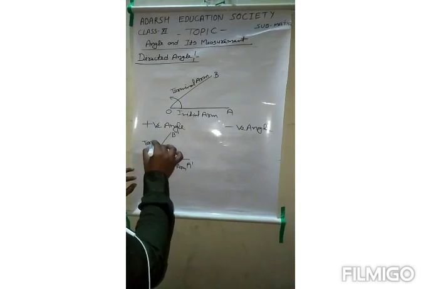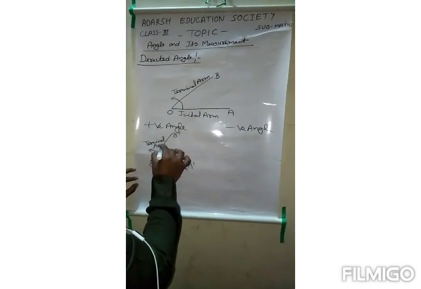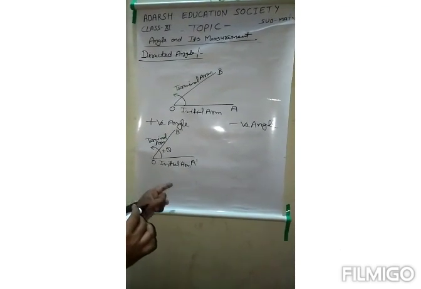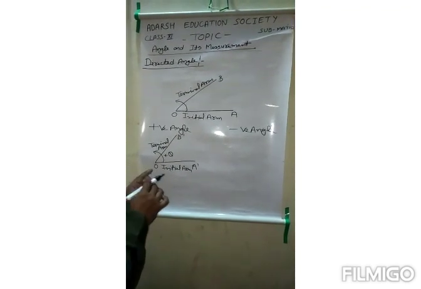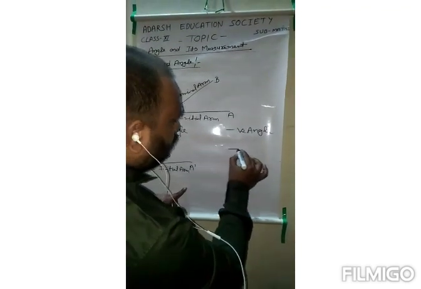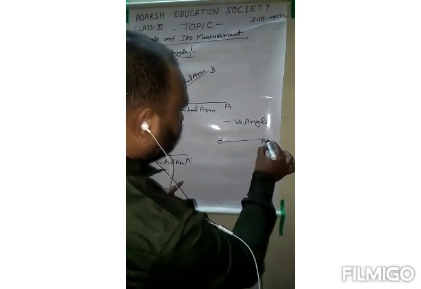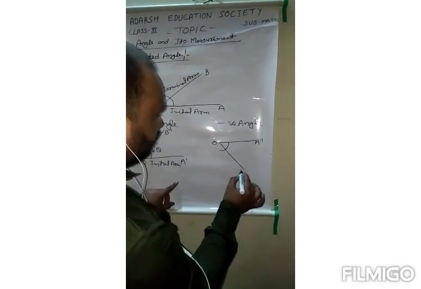Here OB dash is said to be the terminal arm. For the positive angle, the sense of rotation should be in the anti-clockwise direction, so for the negative angle the sense of rotation should be in the clockwise direction.